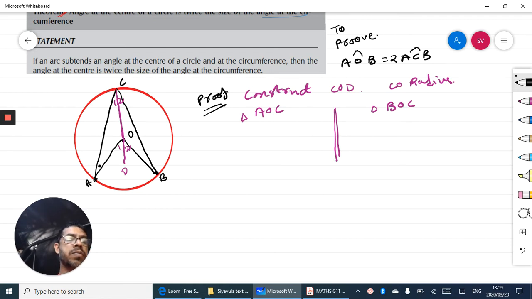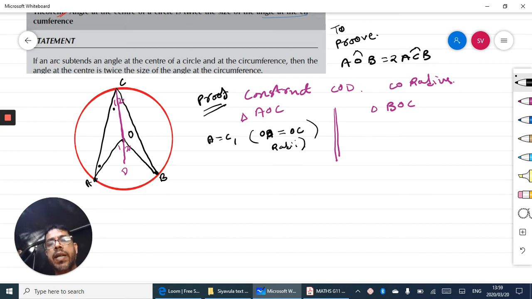On my left hand side of the triangle, I can see my angle A equals angle C1. The reason is those are two angles in front of two radii OA and OC. In short, it's an isosceles triangle. They are radii.